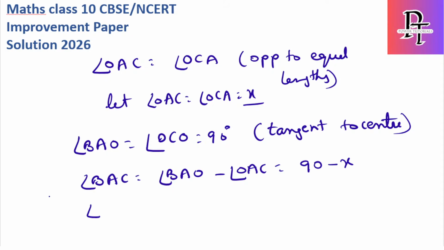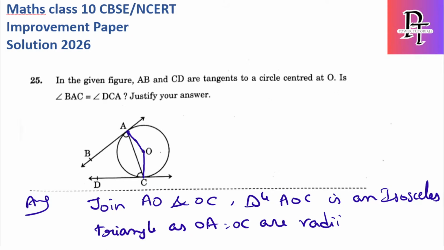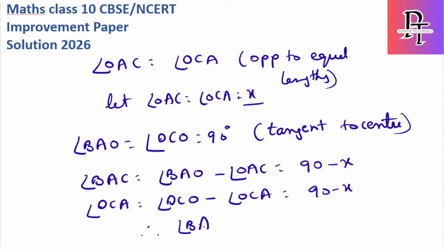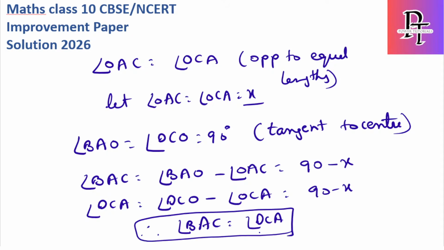In the same way, angle DCA is equal to angle DCO minus angle OCA, which is also 90 minus x. Therefore, angle BAC is equal to angle DCA. Okay, so the answer is yes, and this is the justification.